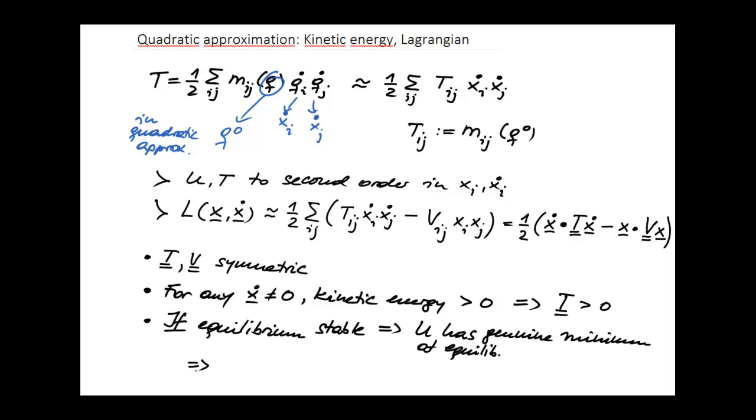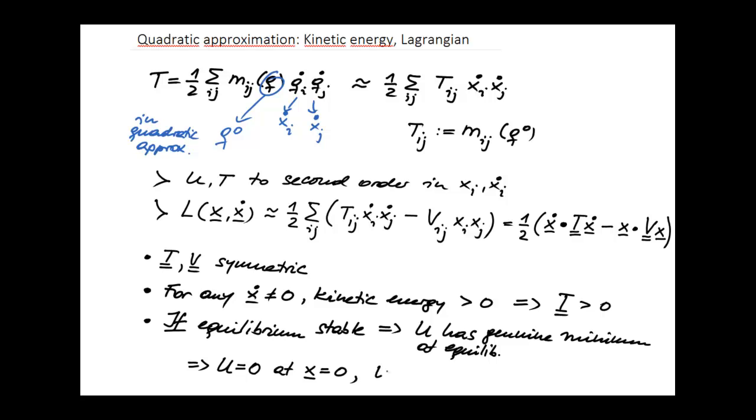Or another way to see it is that the potential must be zero at equilibrium, since we neglected the value of the potential energy at the equilibrium configuration. We set that equal to zero because we said it doesn't impact the dynamics. So u is zero at equilibrium, which corresponds to the vector x being zero.